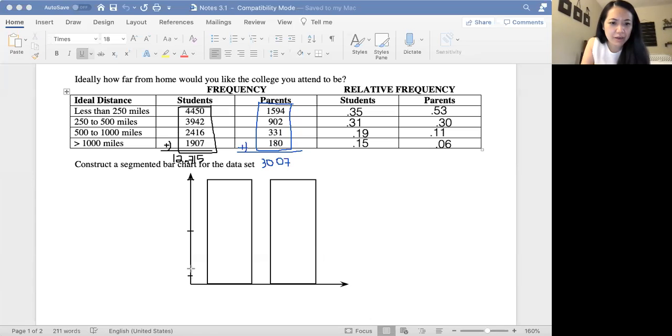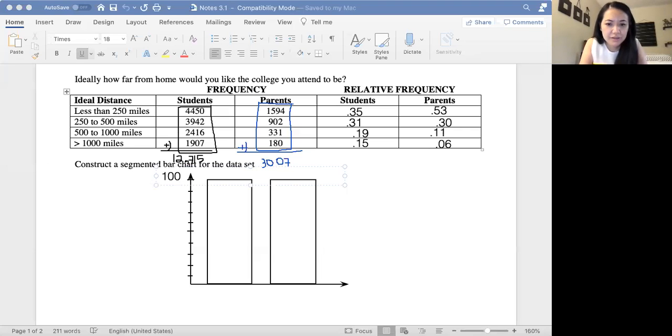I'll go 1, 2, 3, 4. Then 50, 60, 70, 80, 90. All right, so that will be 100%.